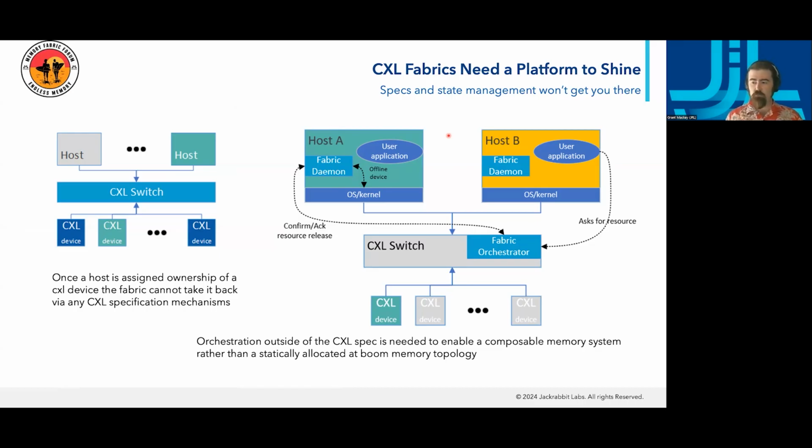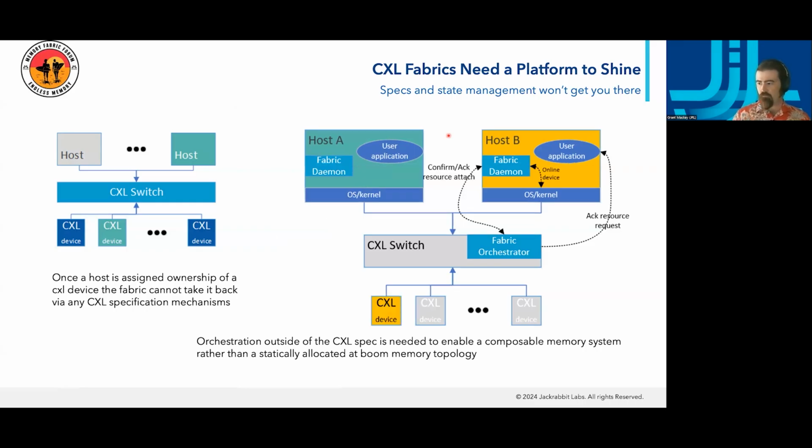The fabric daemon speaks with the host OS, because there are mechanisms to properly unplug CXL devices and memory regions from a host. So the fabric daemon tells host A to let these things go, migrate the resources you need to migrate, take this device offline and unplug it. Those things occur, and the fabric daemon acks the release back to the fabric orchestrator.